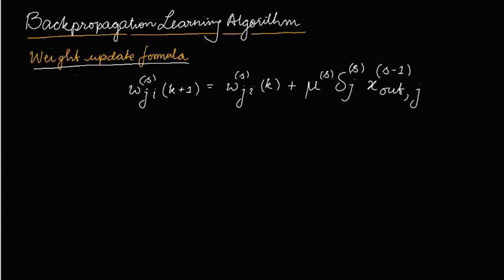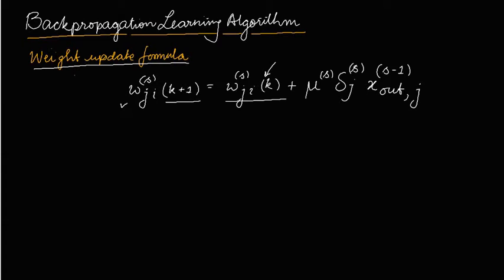This says that at any iteration k plus 1, if you want to know a particular weight connecting the jth neuron to the ith output of the activation function in the previous layer, then this new, k plus 1, weight will be the previous weight, the k one, plus a constant mu into delta j and x out comma j.